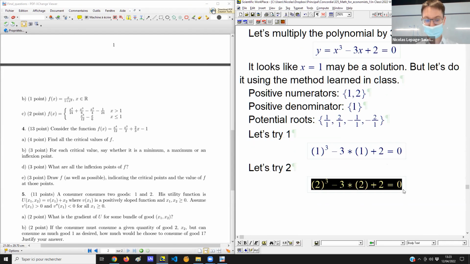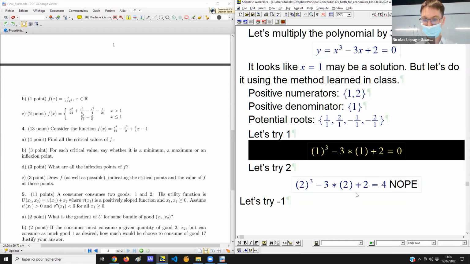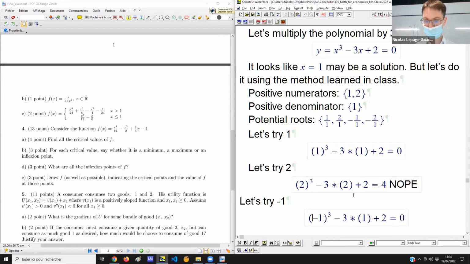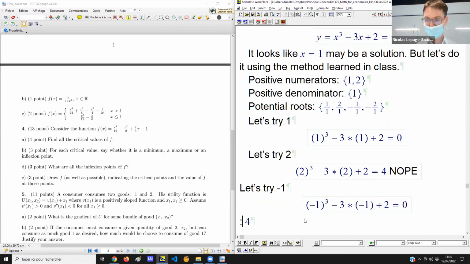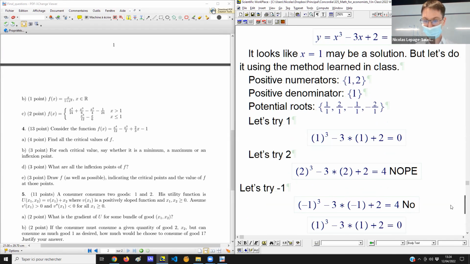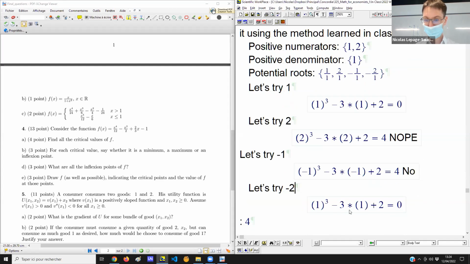This doesn't look promising, but just to be sure. Let's try -1. This should be 0. Yes.